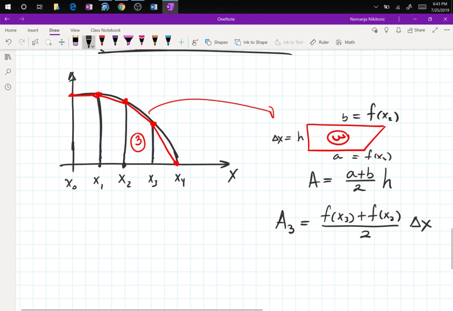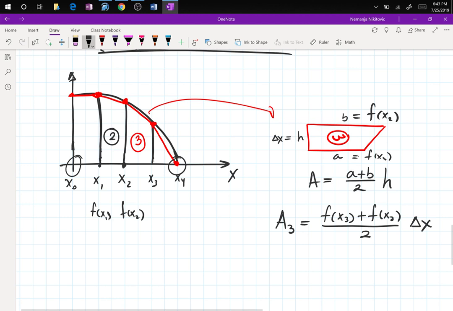Now, if you consider the one before that, it will have f of x1, and it will also have another f of x2. So you see how f of x2 is used for number 2 and number 3 calculation. It's used twice. And then f of x3 is used for rectangle 3 and rectangle 4, right? So each one of these middle ones is used for 2 calculations, one on the left and one on the right. Only the endpoints are used once.